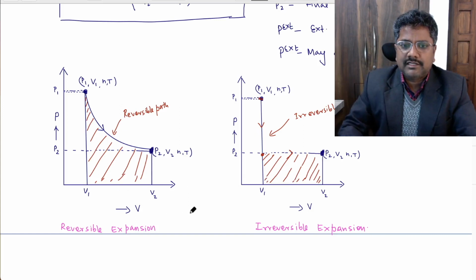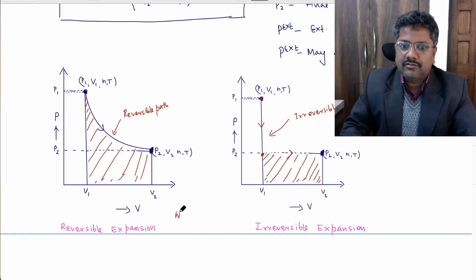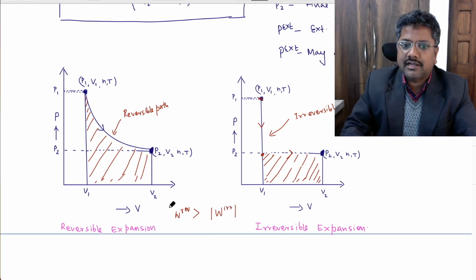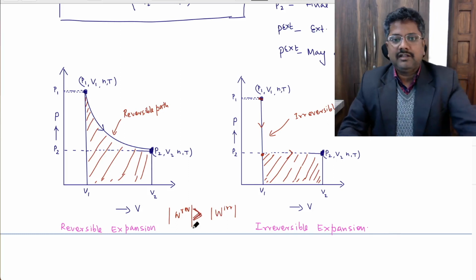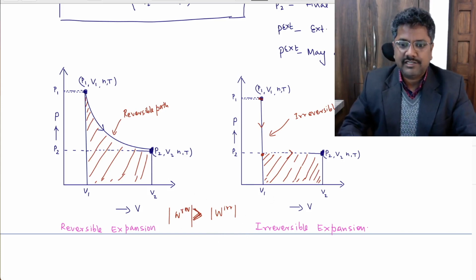So you can say in the expansion work, the magnitude of W reversible is more than W irreversible. Don't consider the sign here. So the magnitude of work involved in the reversible expansion is more than the work involved in the irreversible expansion, right?